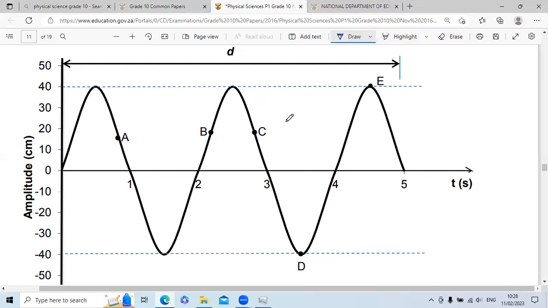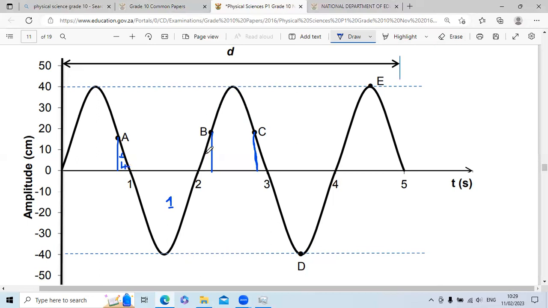So I'm going to show you this method. What I usually do is I just draw a line here, a line here, and a line here. So this is one full wave, and this is possibly a quarter of a wave.